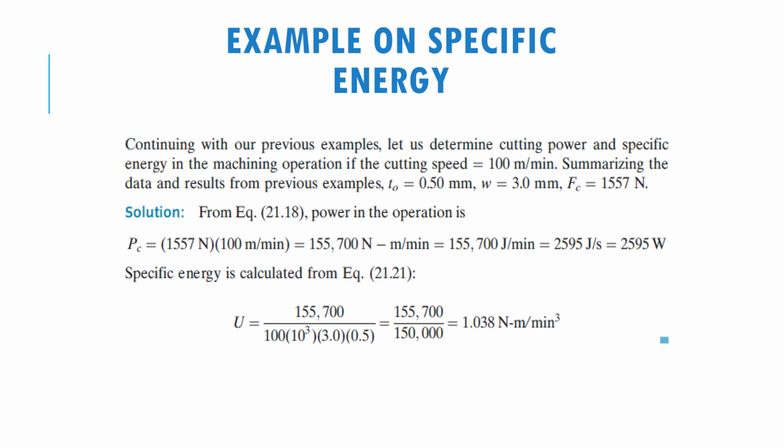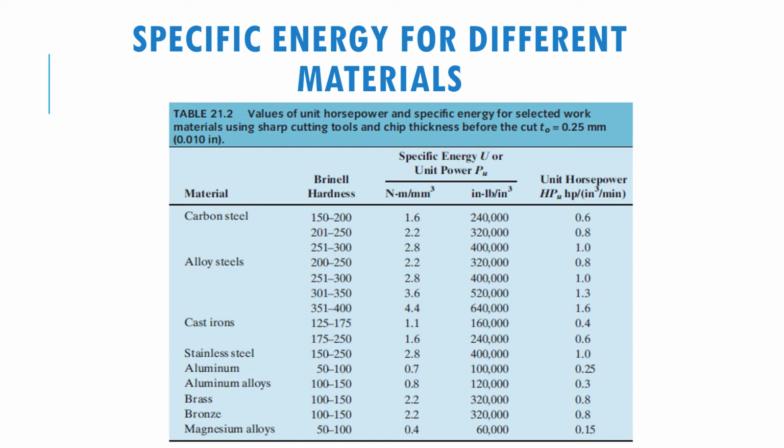For specific materials with specific hardness, the value for specific energy is already given. This is based on experiments by researchers and technicians, so they come out with a table like this. For example, carbon steel with around 150 to 200 Brinell hardness, it is 1.5, or 240,000, or unit horsepower is 0.6.